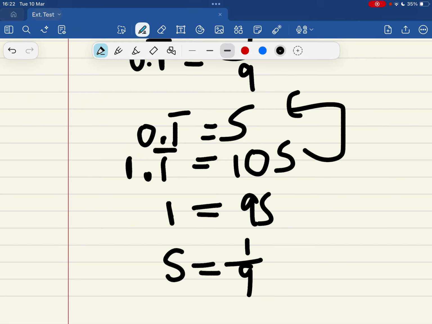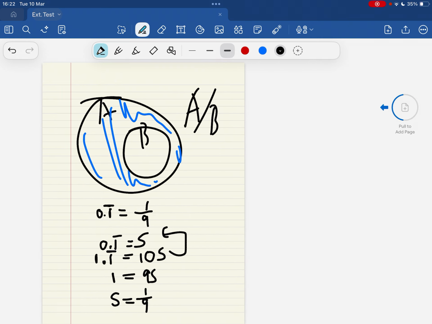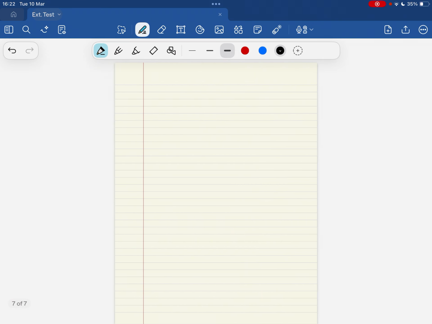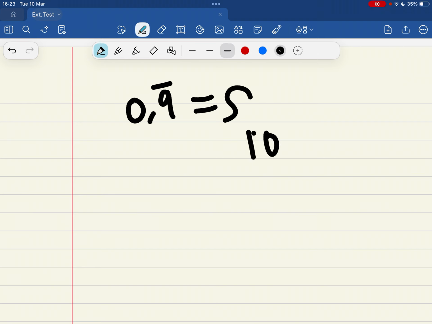If you can't follow along, you can go back. You can understand that. And in a similar fashion, we can obviously get other things, such as the very famous or infamous argument that 0.9 repeated is equal to 1, where we let 0.9 repeated equal s, and then we have 10s is equal to 9.9 repeated.